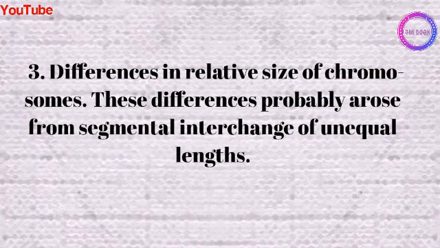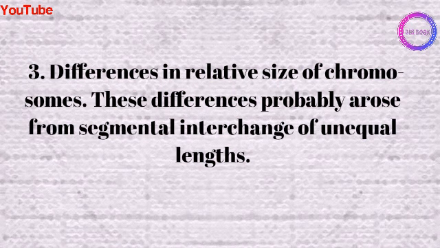Third is the differences in relative size of chromosomes. These differences probably arose from segmental interchange of unequal lengths. So this particular point describes the interchange of unequal lengths, that is the translocation, which we have already known will cause the difference in the size of a length.